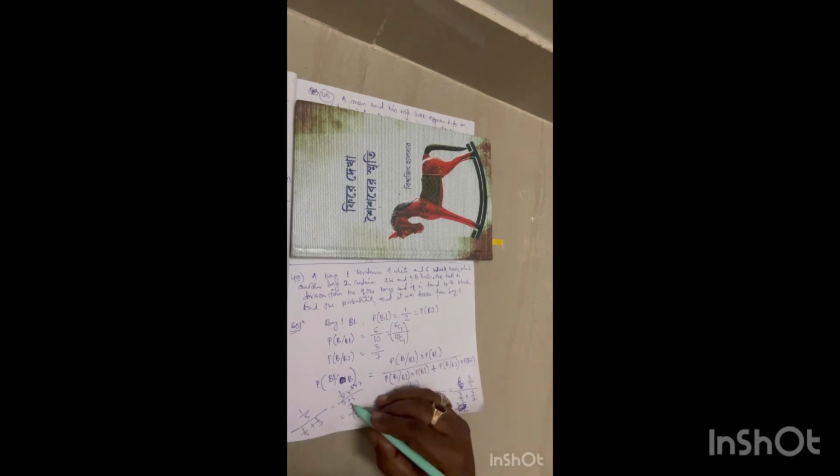Now 1 by 5 upon 7 plus 5, and this will go up 5 into 7. Oh, sorry, this will be 7. I mistook some calculation. So the answer will be 7 by 12 actually. Okay, fine. So moving to the next.